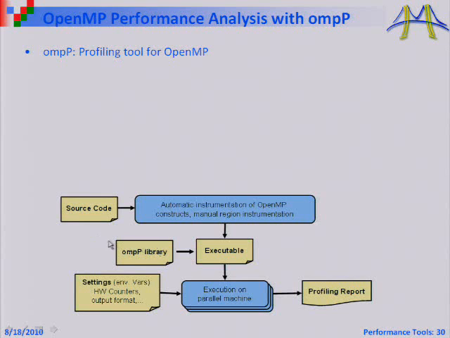You start out with your source code, do the automatic instrumentation of the OpenMP constructs, and in addition manually mark regions of interest. Then you produce an executable, link in the library, and execute it on your parallel machine. Depending on some environment variables, like the selection of hardware counters and settings, you get out a profiling report.